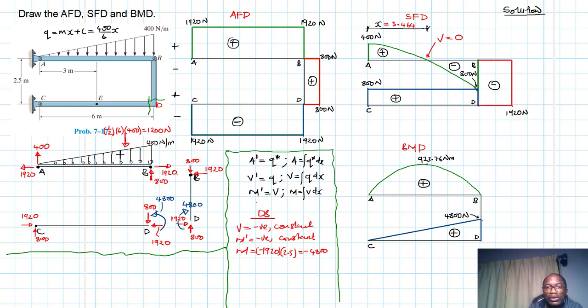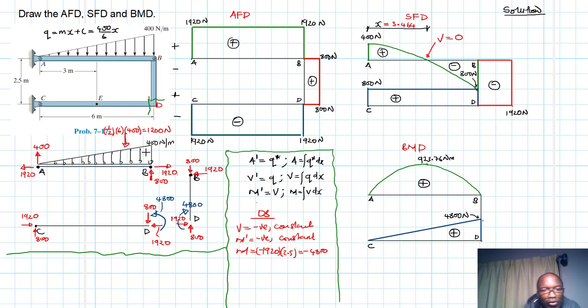All right, so now negative slope from D to B will be like this. We are using red, so it's negative and constant. So we are going to move like so.